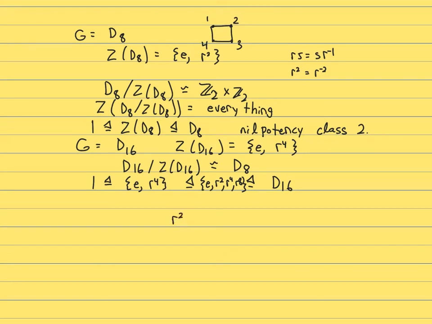If you multiply R squared by S, you get SR to the negative 2. That is equivalent to SR squared times R to the 4th. So you get commutativity times an element in the center. So we do see that R squared actually is in Z2.